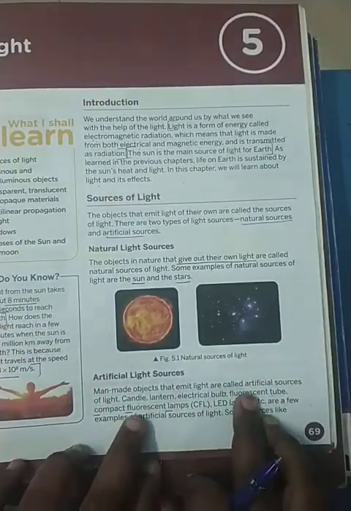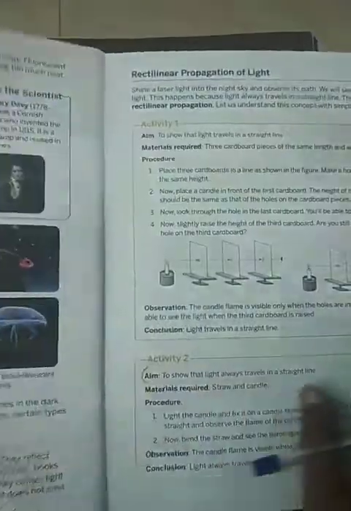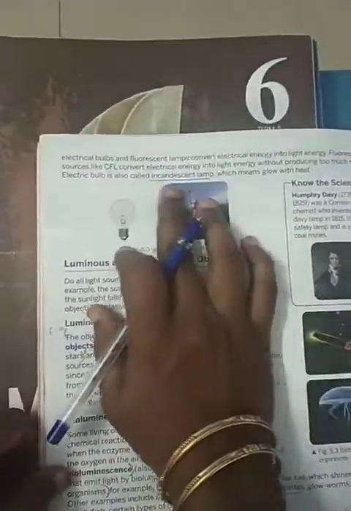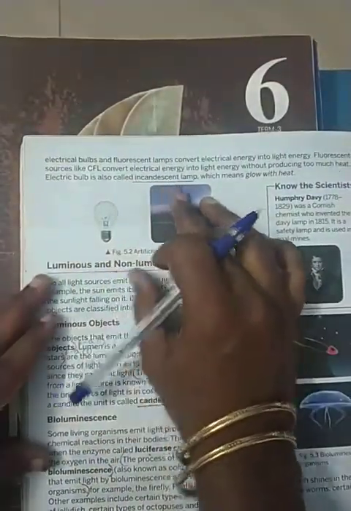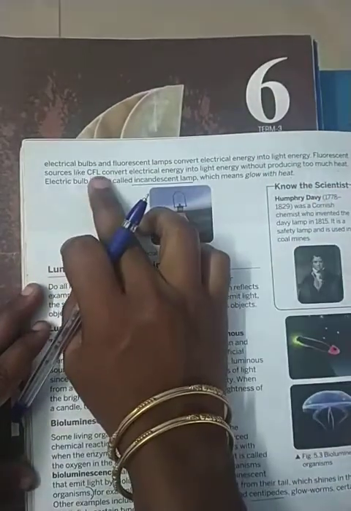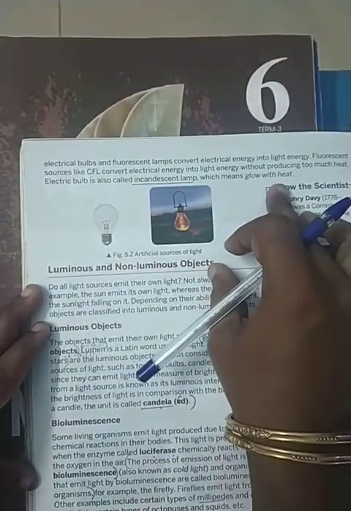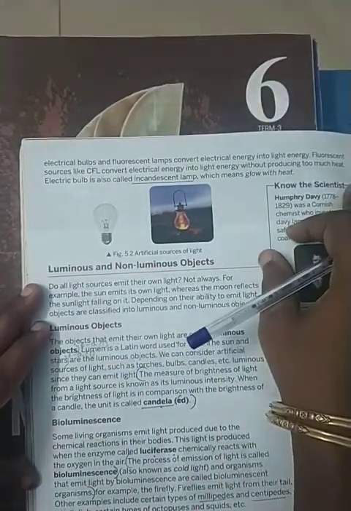Here two things we have to consider: LED or CFL lamps and the electrical bulb. Electrical bulbs are called incandescent bulbs because they glow with heat, whereas fluorescent bulbs convert electrical energy to light energy but with less heat.